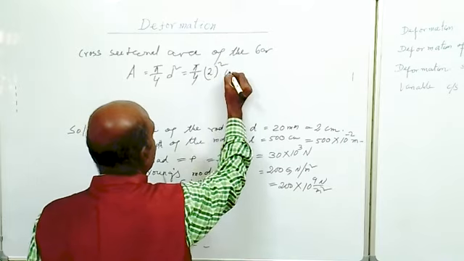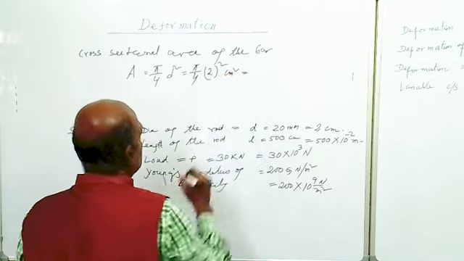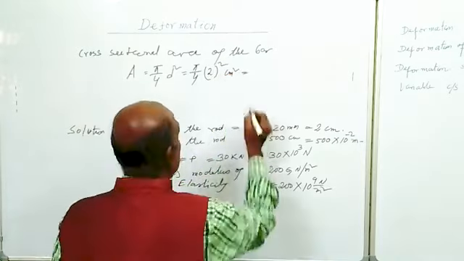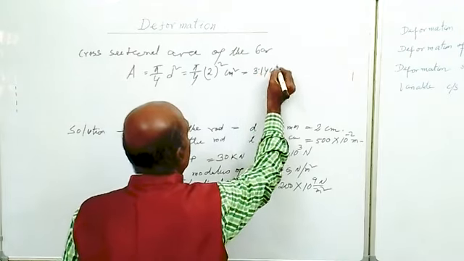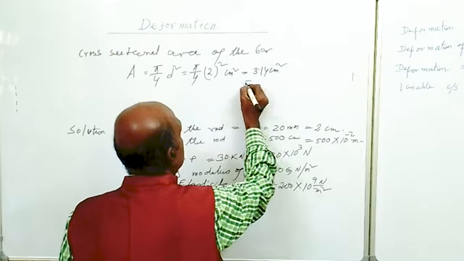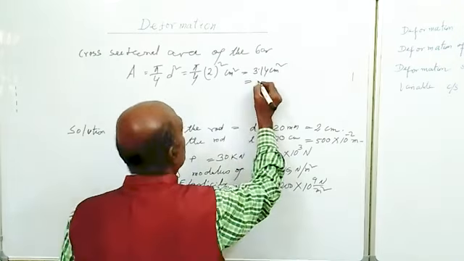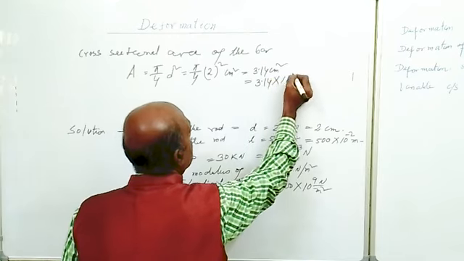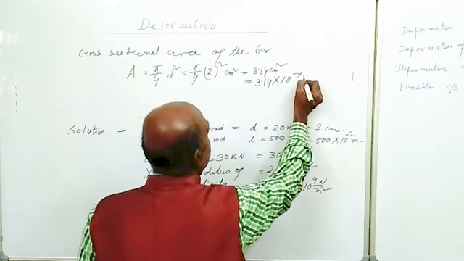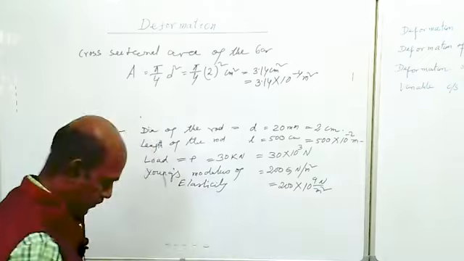It will come in centimeter square, so convert it to 3.14 centimeter square, which is 3.14 into 10 to the power minus 4 meter square.